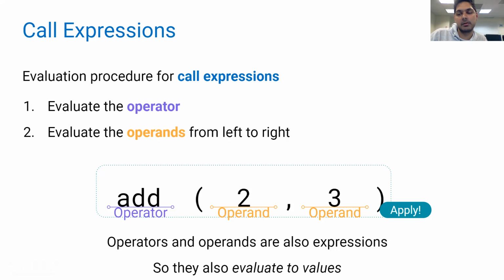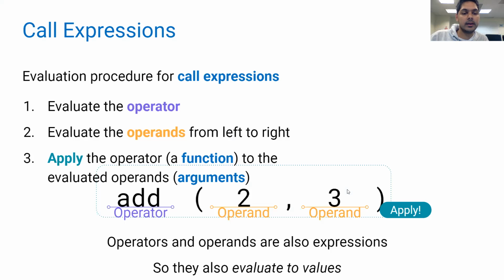But in the other example, we had to evaluate what max of 2 and 3 is, and that was our operand. Then we look at 3, and it's already reduced to its simplest form. And then we apply the operator add, which is a function, to the operands, or the arguments, 2 and 3, and that would return us 5, right?